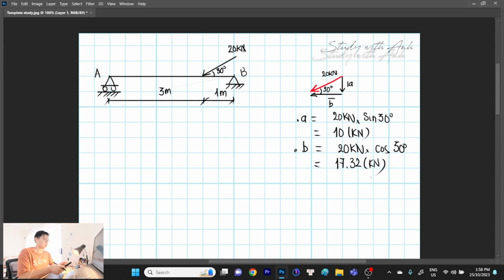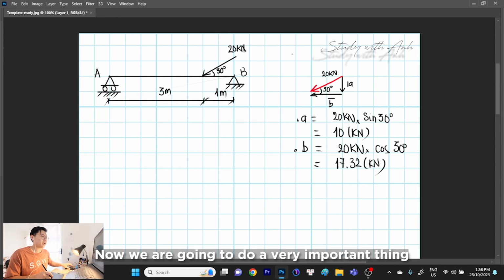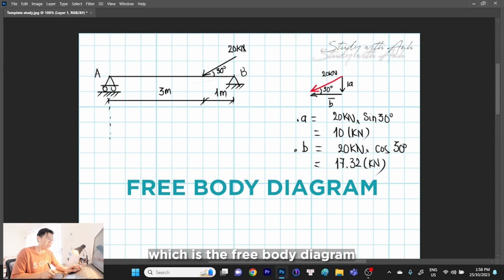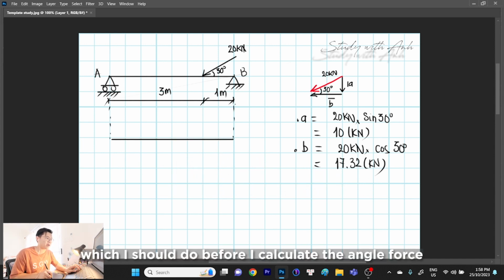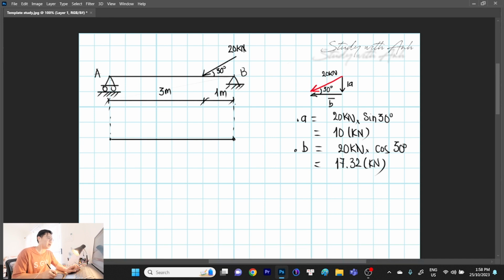kilonewton. Now we're going to do a very important step, which is the free body diagram, which I should do before I calculate the forces. As you know, at the roller we only have one reaction, which is vertical, so I will call it VA.